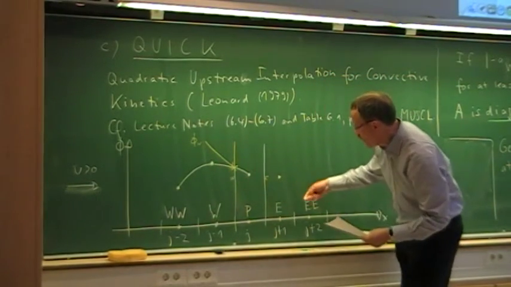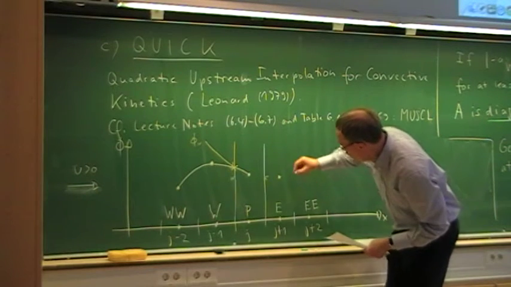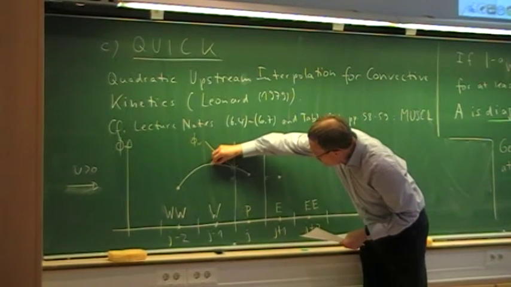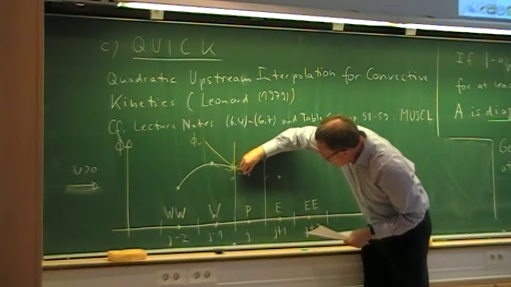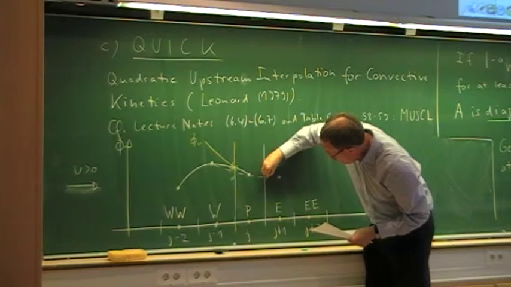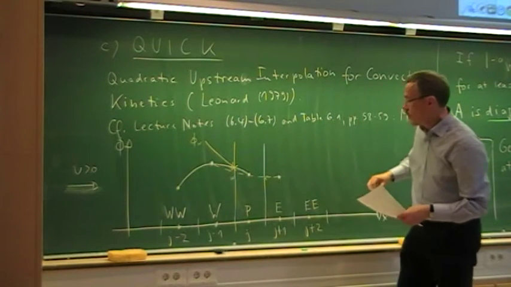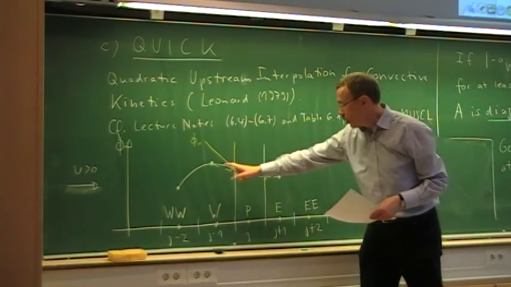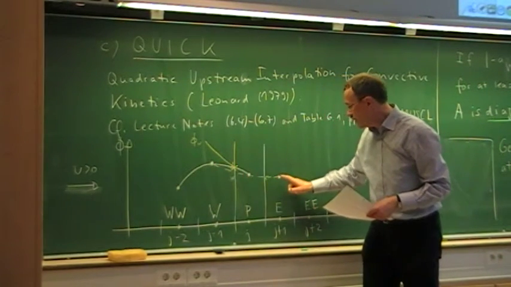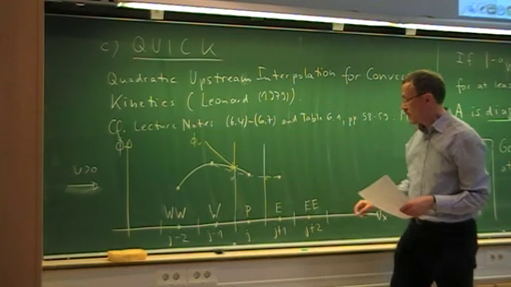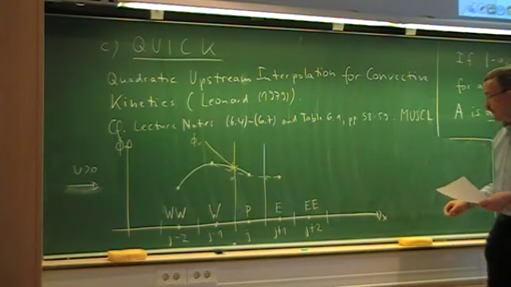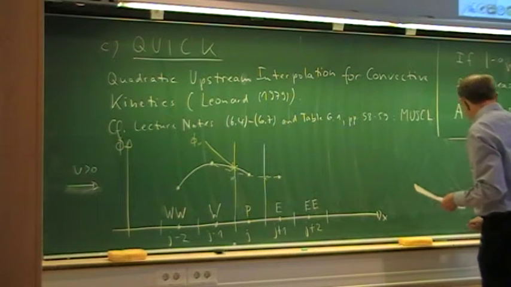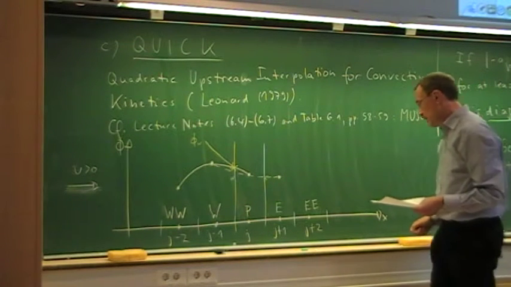So then we do a polynomial, an interpolation here. That is supposed to be a quadratic interpolation of W, P, and E, this dashed line, and that will give a value at the boundary.